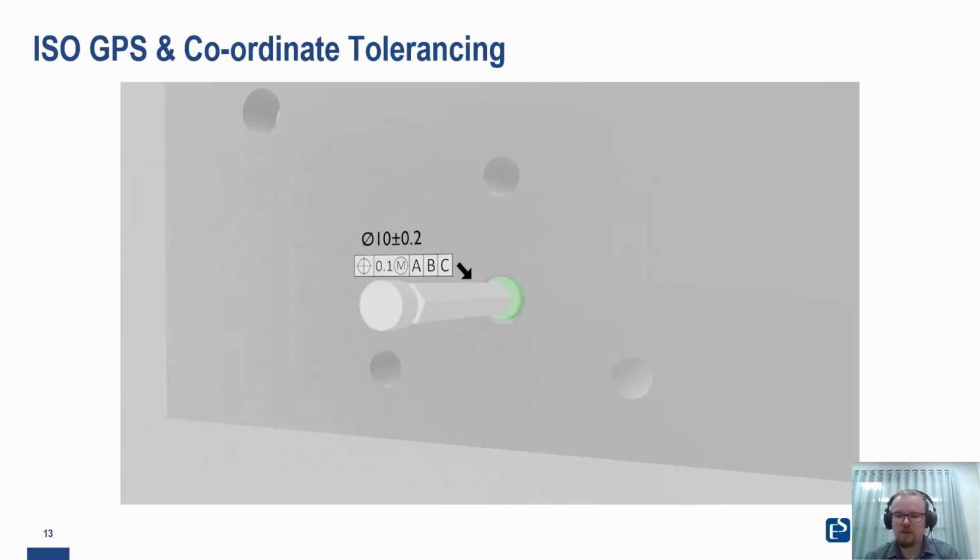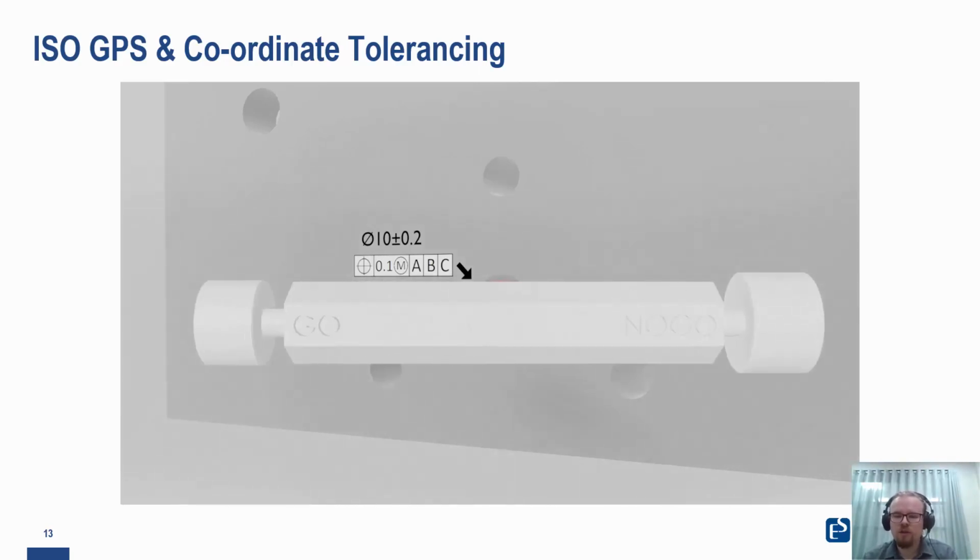The potential benefits of this are huge. By specifying our parts just so they are assemblable, rather than using complex coordinate dimensions that don't express our needs well, we both improve our drawings and reduce our costs by ensuring that parts that would have otherwise been able to be assembled aren't ending up in the scrap bin. And we can measure these types of specifications with a go, no-go gauge, as you've seen in the animation, which can be simpler and faster than some coordinate dimensioning inspections.